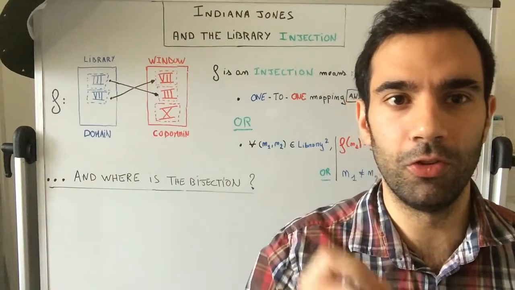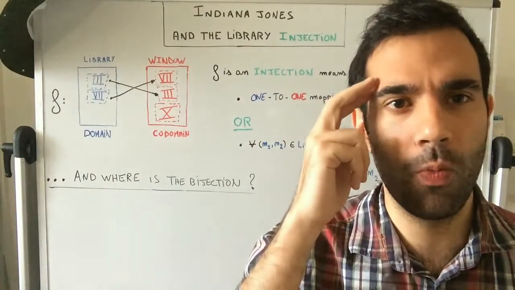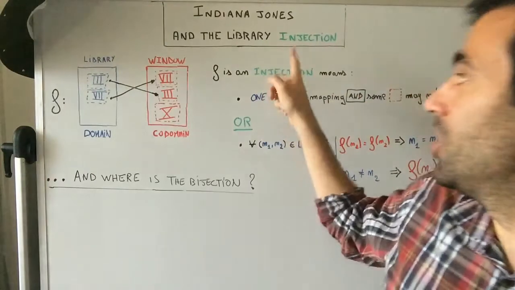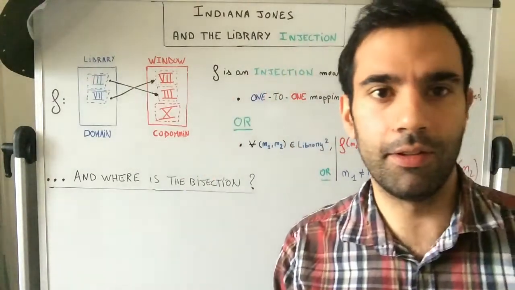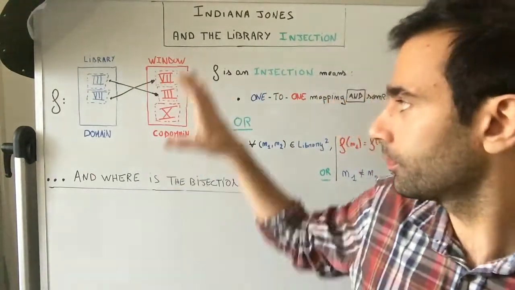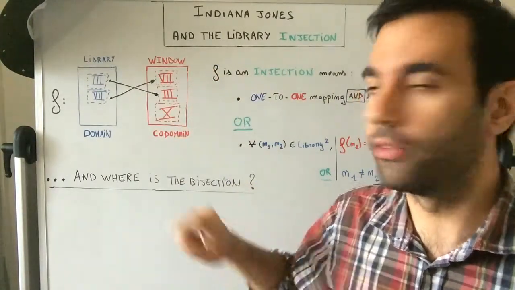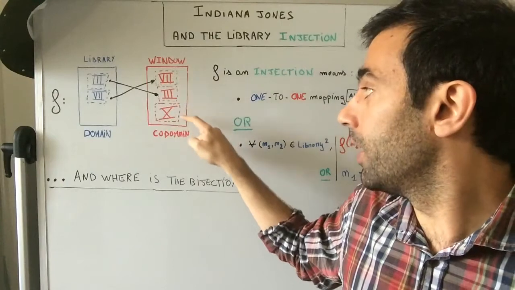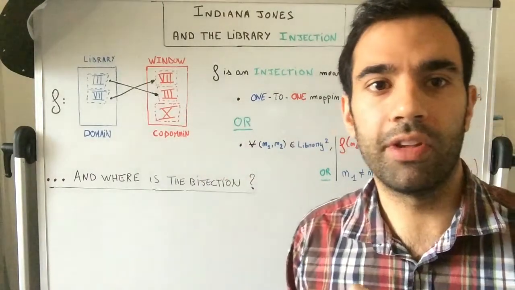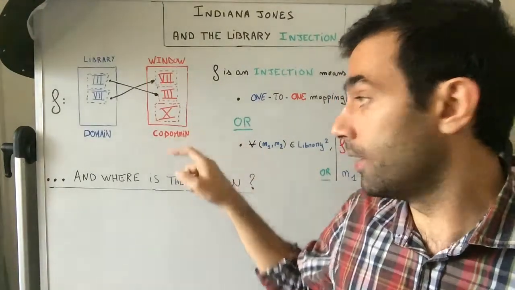I know that this is a new video coming from my sick brain to talk about injections. So in that scene, there is a window in red with 3 numbers on it: 7, 3, and 10. We're gonna call that window the codomain.